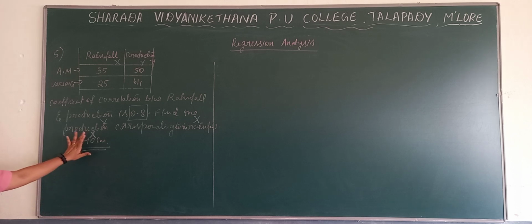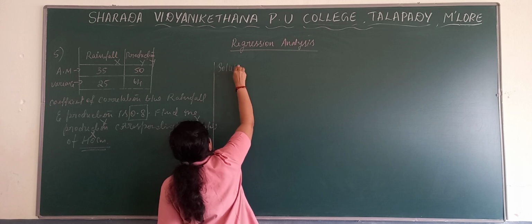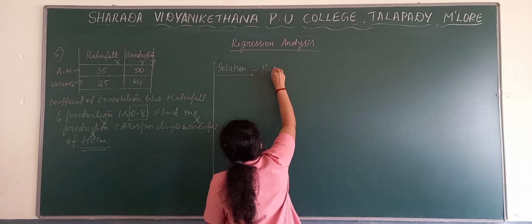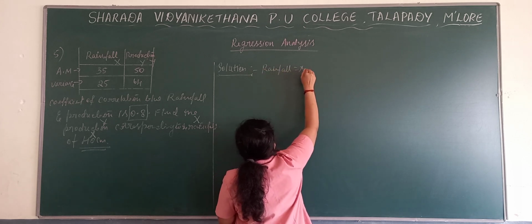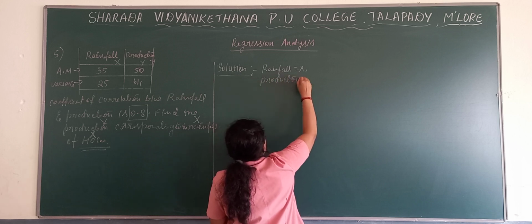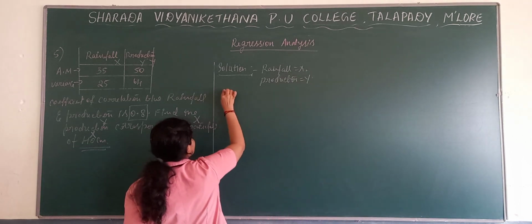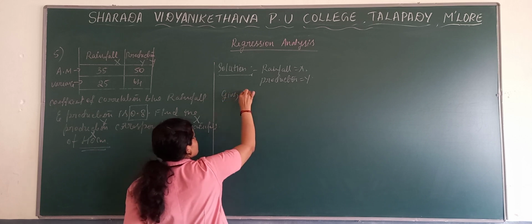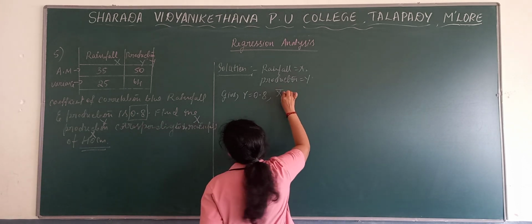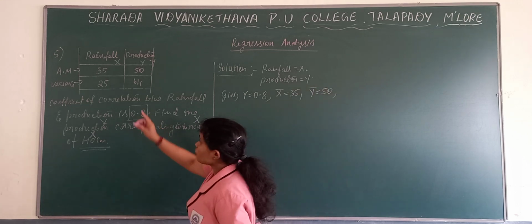Now here y on x means, firstly in the solution, rainfall is equal to x and production is equal to y. Then write the given values here. Given values are coefficient of correlation is 0.8 and x bar is equal to 35, y bar is equal to 50 and variance is given.